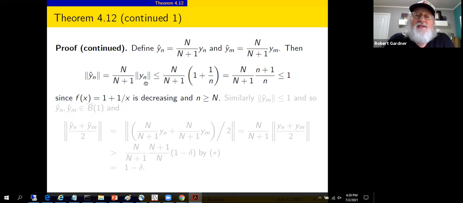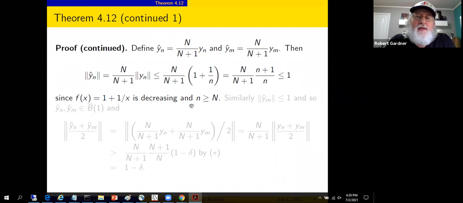We had chosen y sub n, recall, to have norm between 1 and 1 plus 1 over n, the index there, different n's, no typos or anything, not that I know of. Now, we can get a common denominator here. That gives us N plus 1 over n.